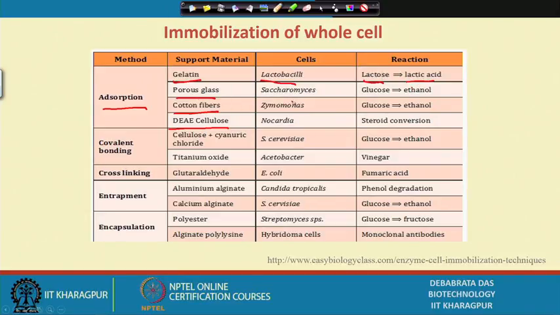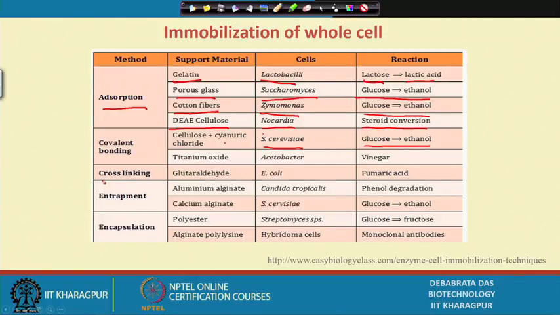Now, in the case of porous glass, if we use Saccharomyces cerevisiae, it converts glucose to alcohol. Zymomonas mobilis can also convert glucose to ethanol, and Nocardia can undergo some kind of steroid transformation process. Now, covalent binding: we have cellulose, cyanuric chloride, and Saccharomyces cerevisiae, which can be used for glucose to ethanol.